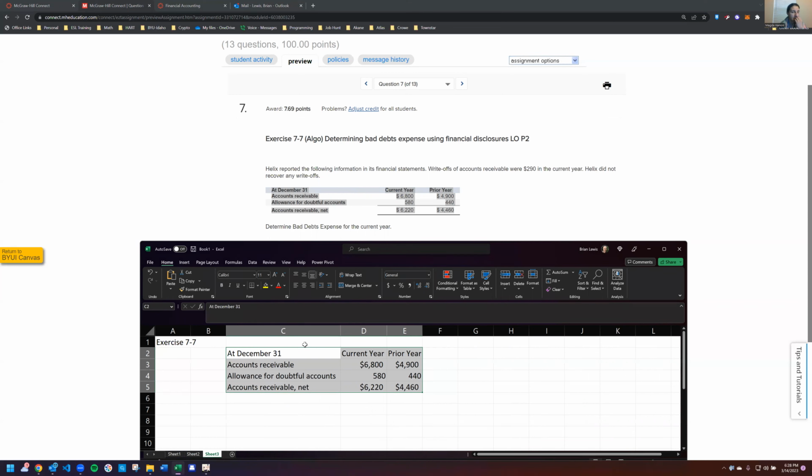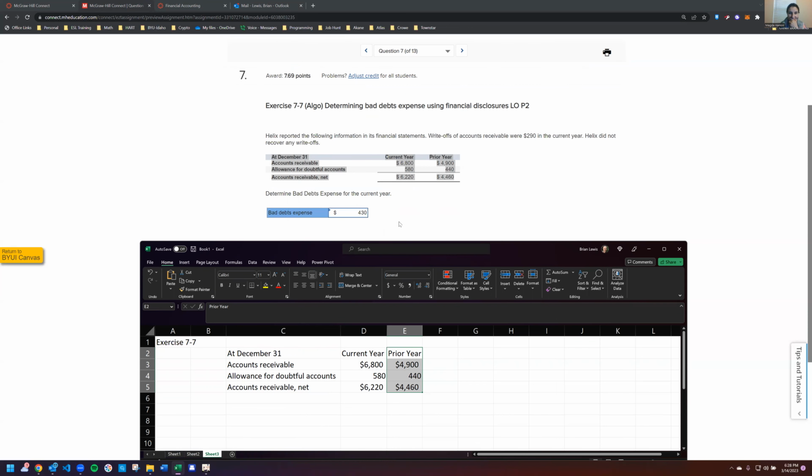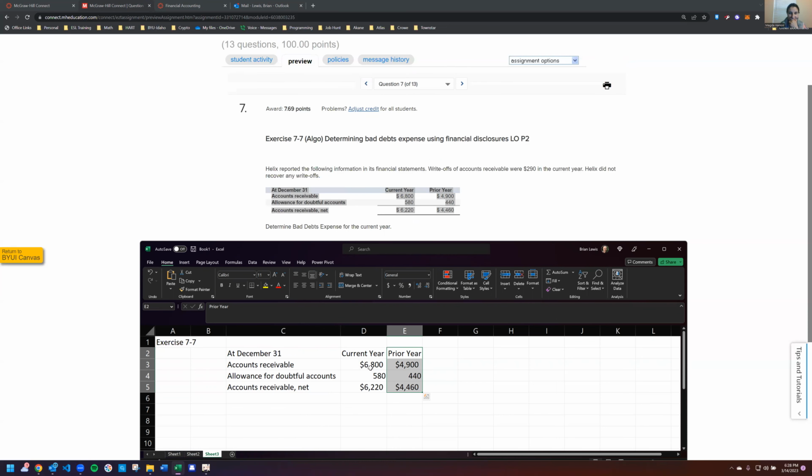Determine bad debt expense for the current year. Okay, so we can ignore the prior year data, right? This one is just there for I don't know what purpose yet. Let me just scroll down. Okay. So all we're focusing on here is, what is the bad debt expense for the current year?